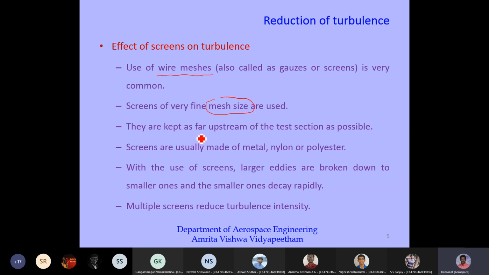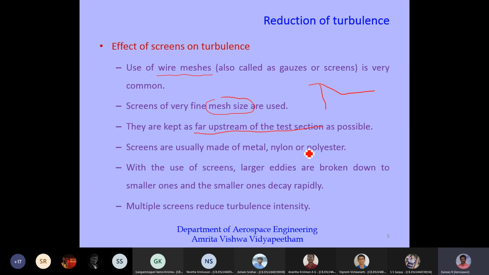Where are they going to keep it? They keep it far upstream of the test section. Keep in mind where they keep your wire mesh. For example, if you have a diffuser, normally at the exit of your settling chamber, they try to fix your wire mesh screen.